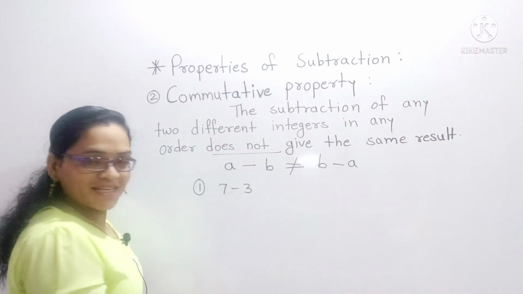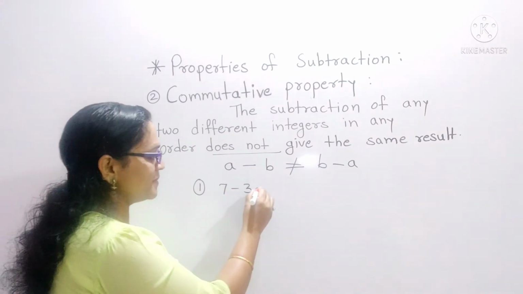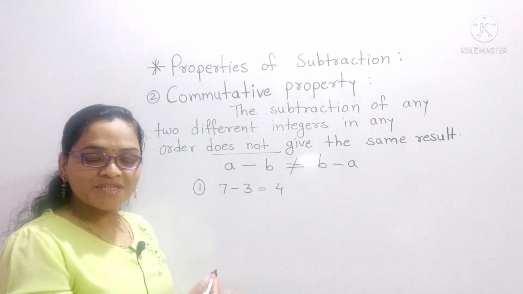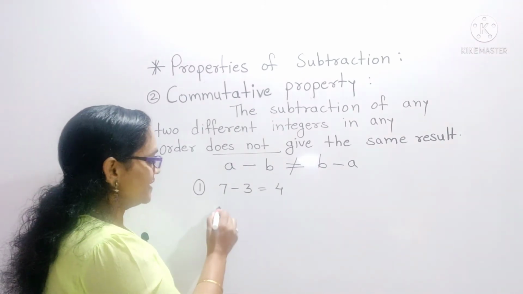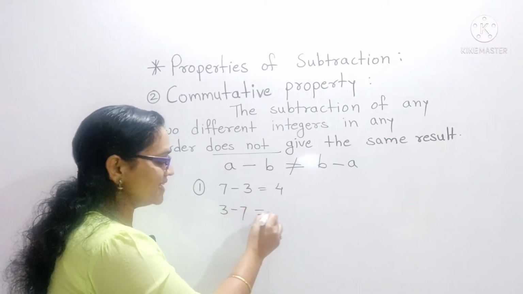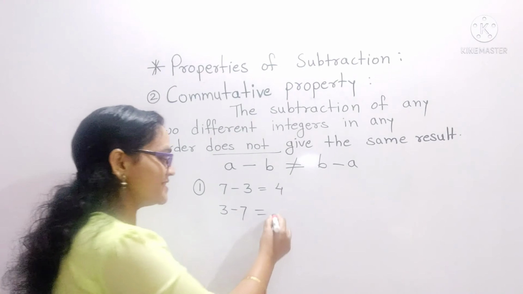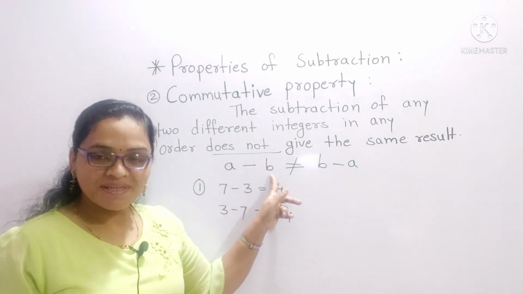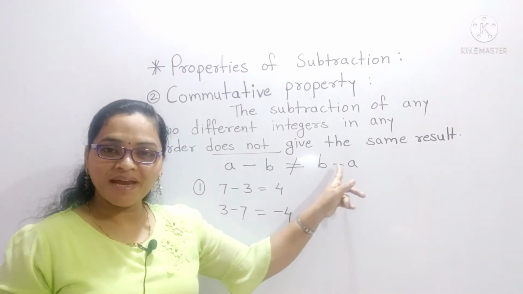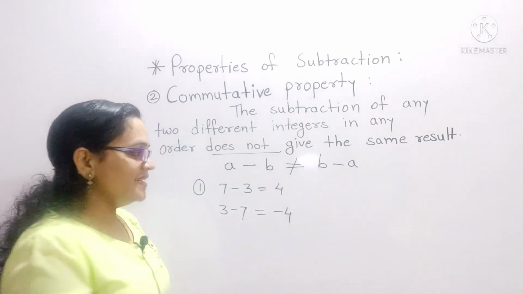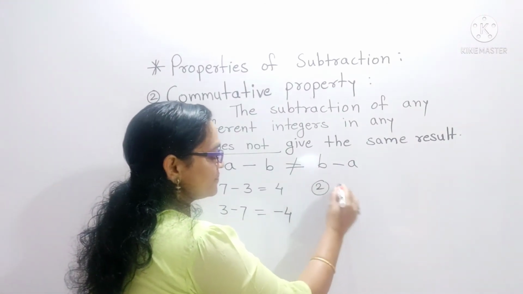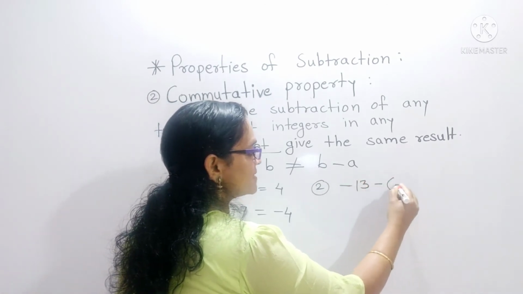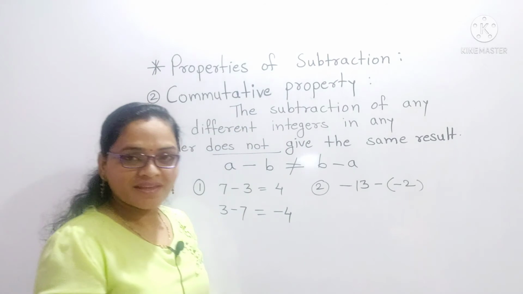7 minus 3. What is the difference? 7 minus 3 is equal to 4. And if we change the order, then 3 minus 7 is minus 4. Means a minus b is not equal to b minus a. Let's check the second example. Minus 13 minus minus 2.